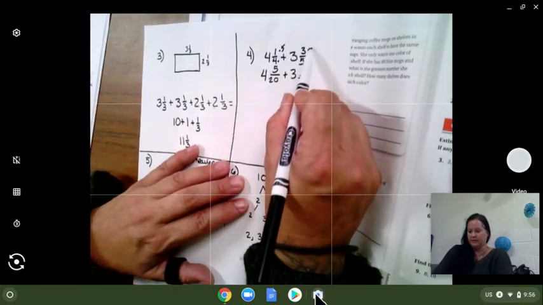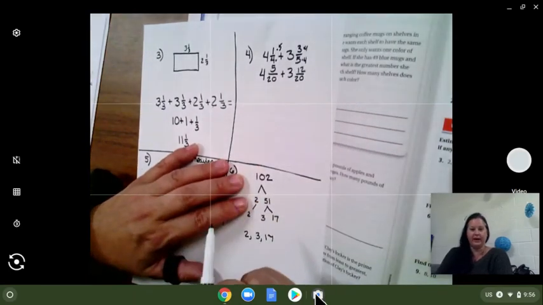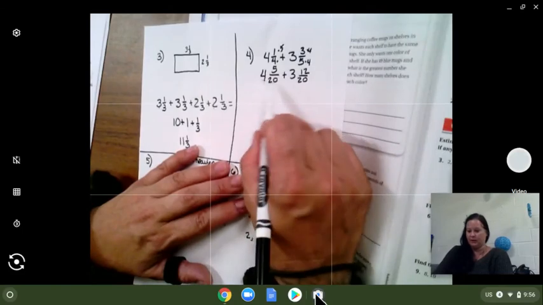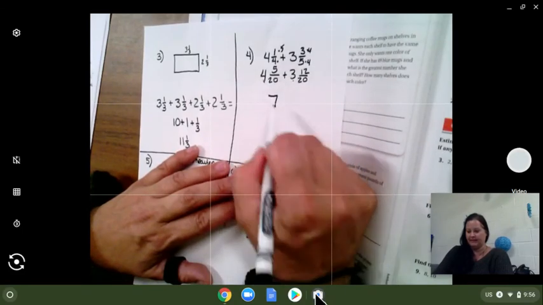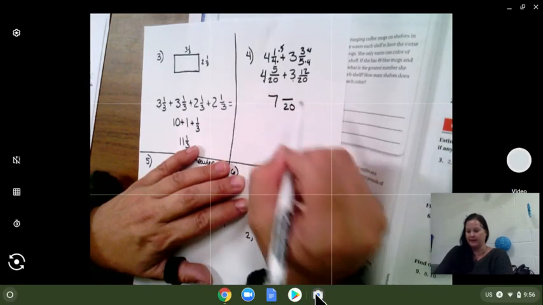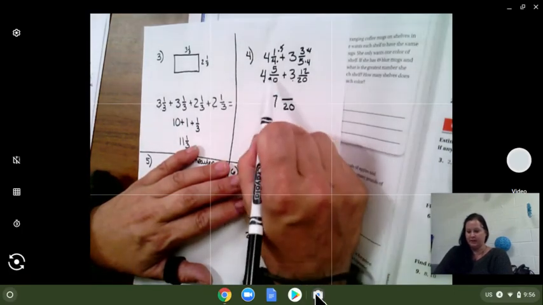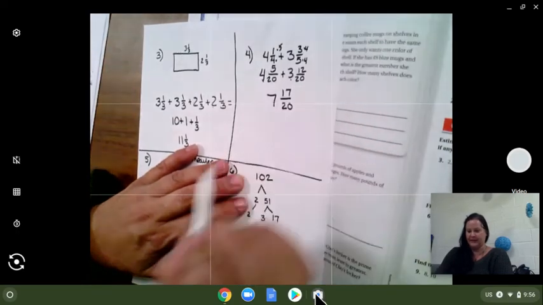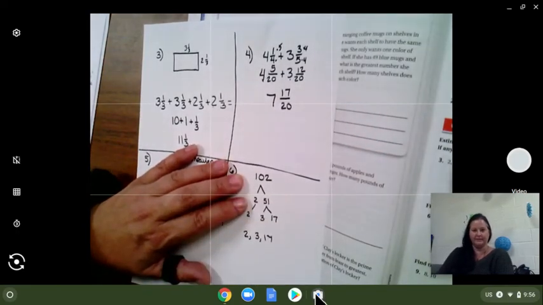So 3 times 4 is 12. Now I have 2 fractions that have a common denominator, so I can add them. So I'll add my whole numbers first. 4 plus 3 is 7. Now I'm going to add just my numerators. Remember, the denominator stays the same. So I have 5 plus 12 is 17. So I have 7 17/20.